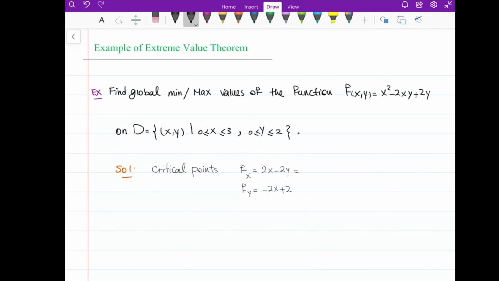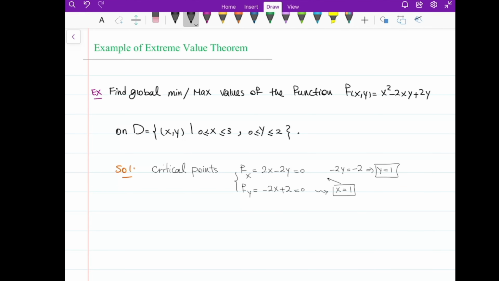I'm gonna set both of them equal to 0 and solve this system of equations. From the second equation, x would be equal to 1. I plug that into the first equation, and I get negative 2y is equal to negative 2, therefore y is equal to 1.